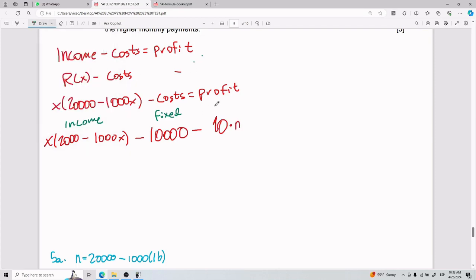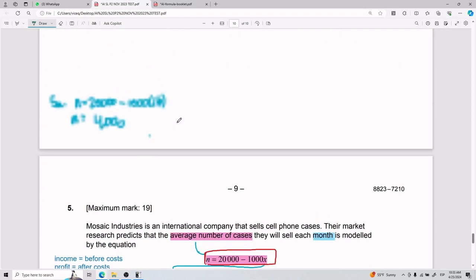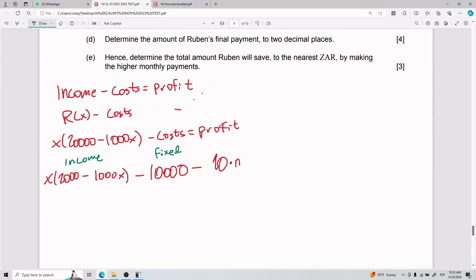If I get very fancy, it's your variable cost, because it's what changes. But to keep it clean and more friendly, we're just going to put per phone cost. Okay, so here I have fixed cost, over there I have per phone cost, and over there I have income. So now it makes a little bit more sense to work with this.